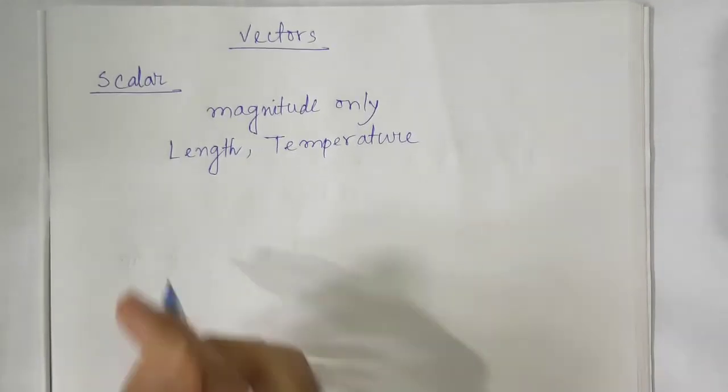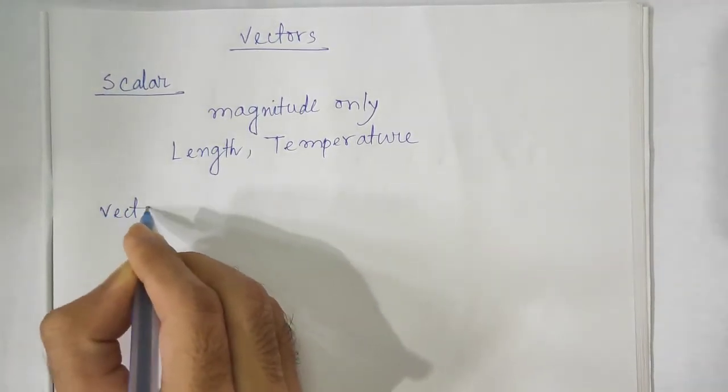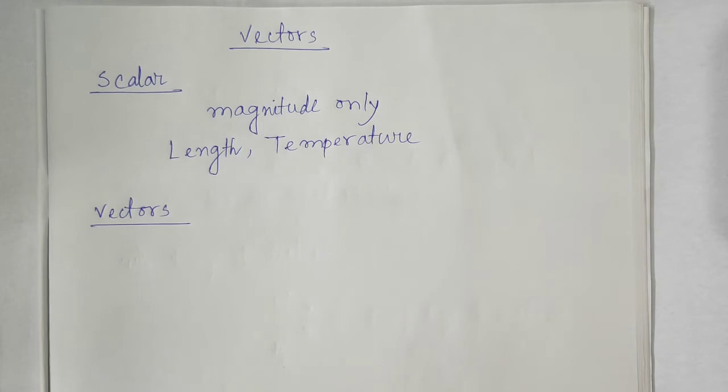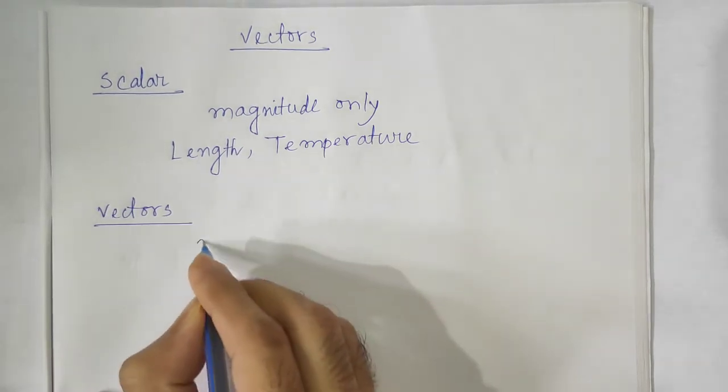Now comes the vectors. So what is a vector? A vector is something that has a magnitude and a direction as well. That is, a vector can be completely specified by its magnitude and its direction.